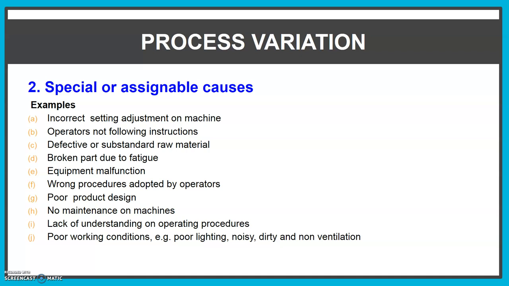Defects of the raw materials, broken part of the tool or the design, wrong procedure, poor production design, no maintenance at all of the machine, lack of understanding, miscommunication, poor working conditions, that means lighting problems. So all these causes have to be solved. That means it's a vital problem.